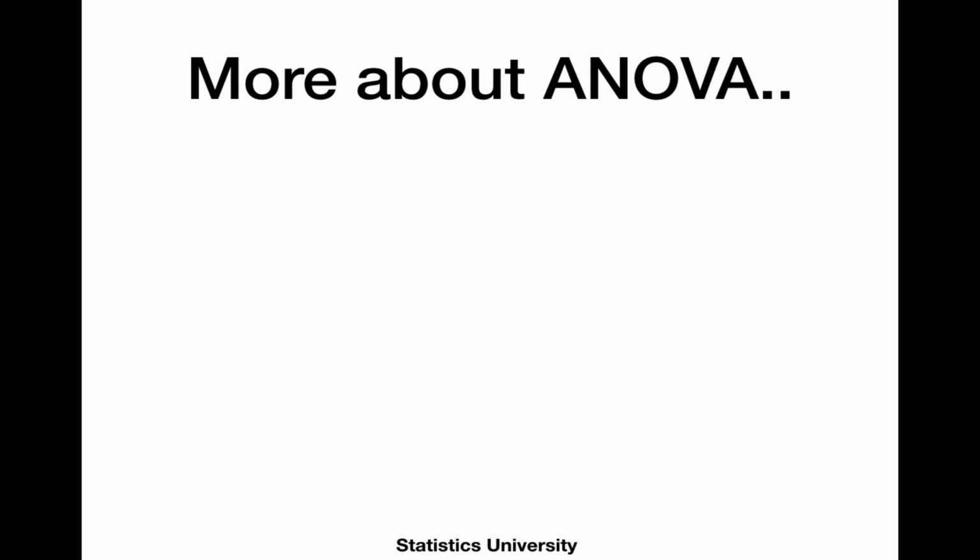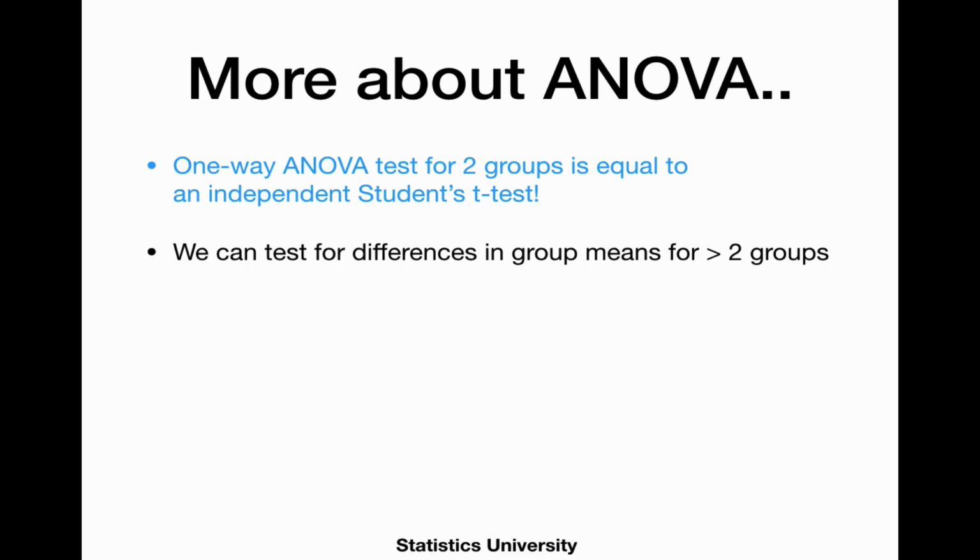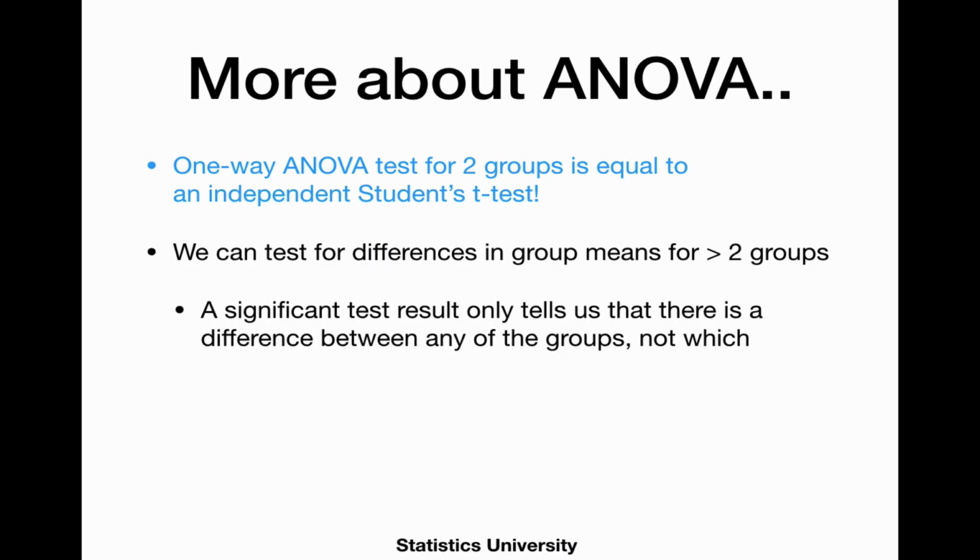A little bit more about the ANOVA. The one-way ANOVA test for two groups is actually equal to an independent student's t-test. So it doesn't really matter which one we use. And we can test for differences in group means for more than two groups.